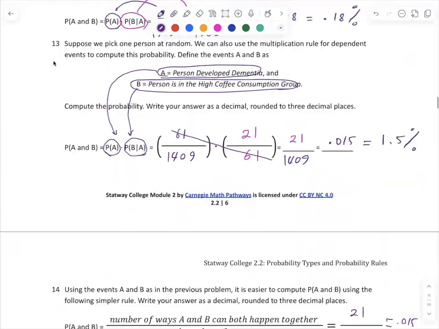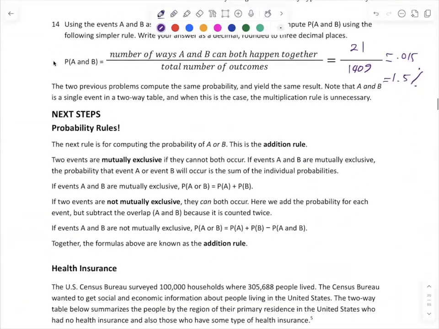This was all about the multiplication rule, everyone, for dependent events and for independent events. I expect you to ask, what if we try to connect two events together using addition? What do I mean by that? The next rule is for computing the probability of A or B. Or is the union.